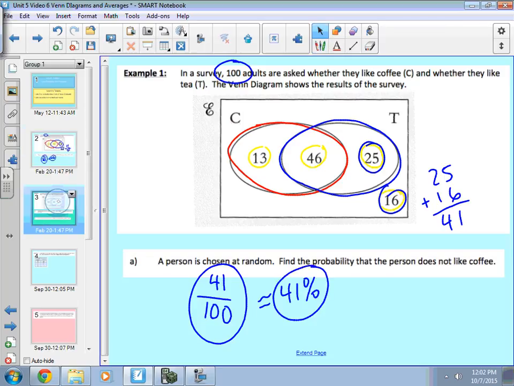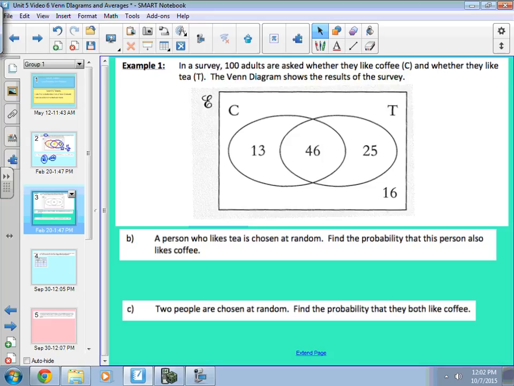Okay, let's look at B. On B, they want to know a person who likes tea is chosen at random. Find the probability that this person also likes coffee. Okay, so now our total is not going to be out of 100 because they're only looking at the people who like tea.